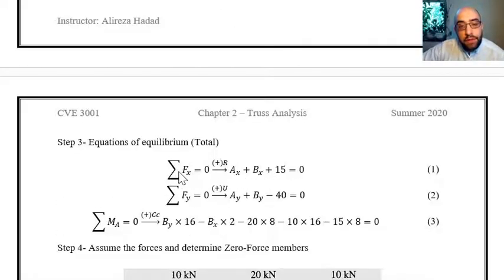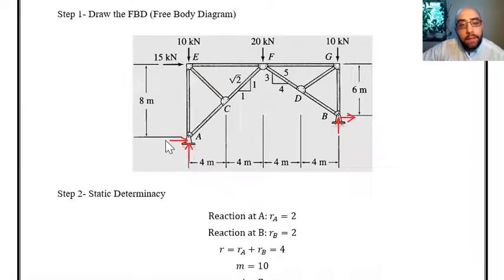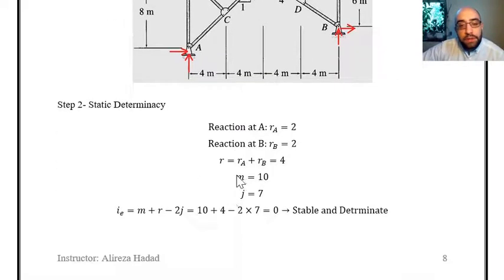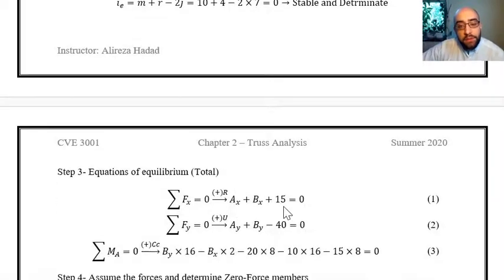The first equation is over here, summation of forces in X, and let's see what we have. Over here we have the horizontal reaction at A, and that should be positive because it is to the right. 15 kilonewton over here, that should be positive because it is to the right, and we usually assume the right direction is the positive direction for X. And we also have the horizontal reaction at B. So AX plus BX plus 15 equals 0.